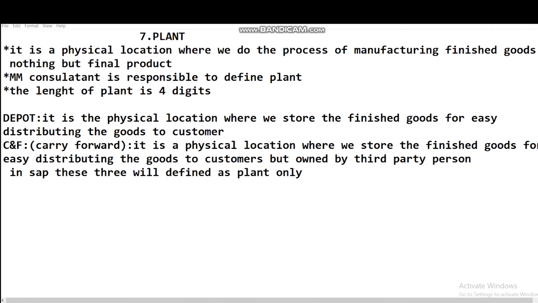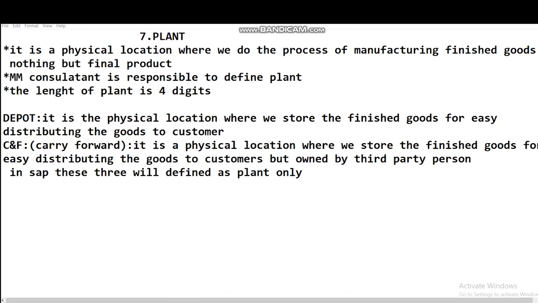If you order something from company X and they deliver the product to your location, it will take a lot of time. So what they will do is place their goods in their depots. They will keep their goods in a Hyderabad depot, a Chennai depot, and a Bangalore depot.